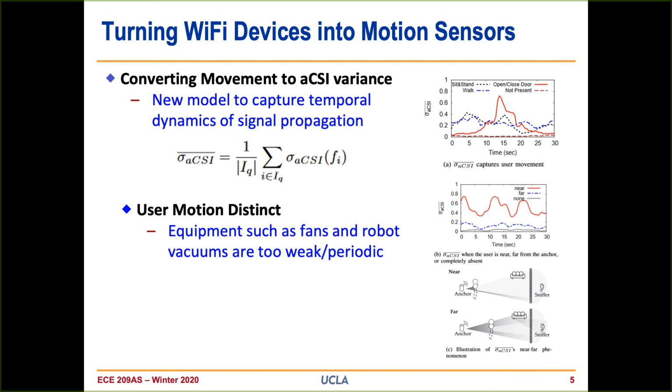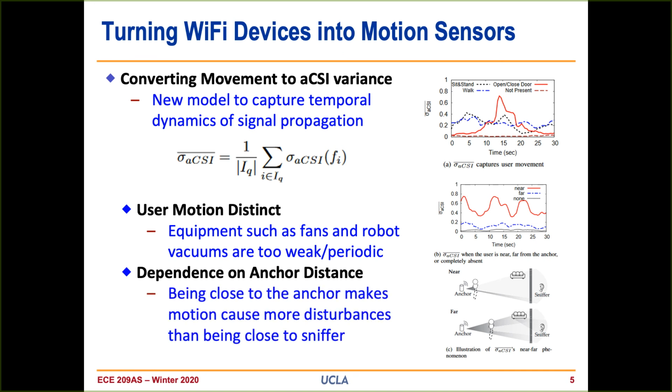Equipment such as fans and robot vacuums either provide too weak of these sigma values, or they're periodic and can be easily detected and removed from the data. And then dependence on anchor distance. These things work in such a way that, like in figure C down there, if you're closer to the anchor itself, then you'll have a higher spike than if you're further away from it.